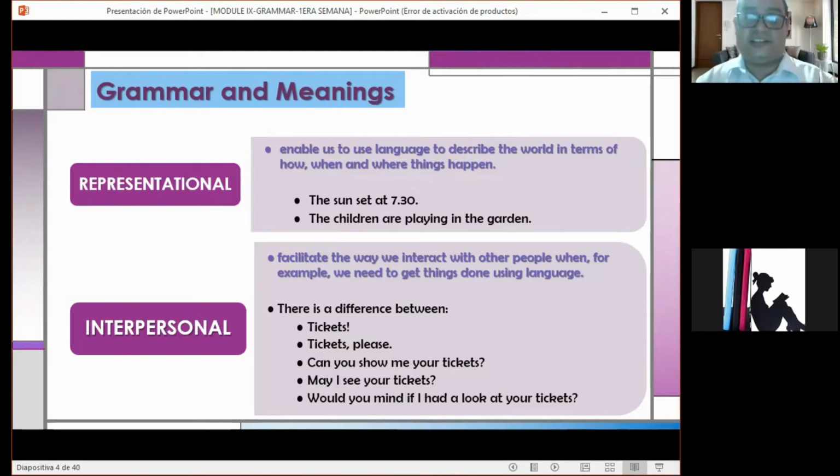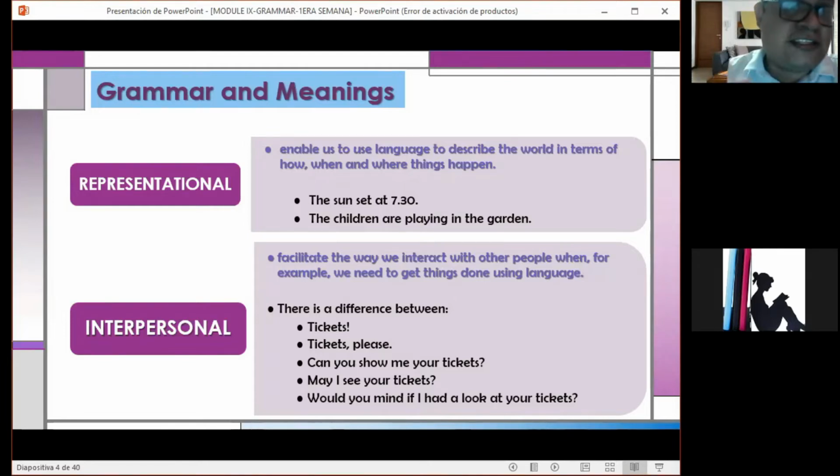As Diana writes in the chat, the other use of grammar related to meaning is the way we interact with people. So we use some structures in some contexts, and we use other structures in other contexts. Notice these two kinds of meanings that we could have in grammar.